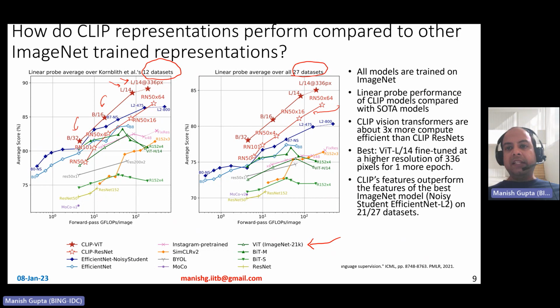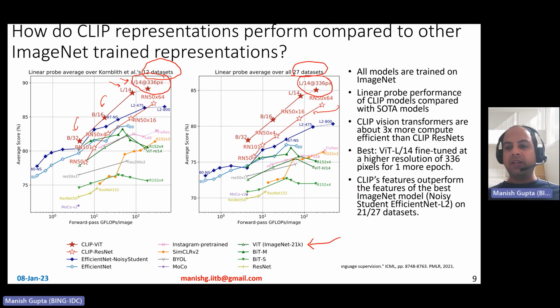So what you observe is that the linear probe performance of CLIP models compared with state of the art models shows that, one, CLIP vision transformers are about 3x more compute efficient than CLIP ResNet models. So CLIP vision transformers are pretty efficient compared to ResNets. Interestingly, the best model is one of those vision transformer CLIP models.